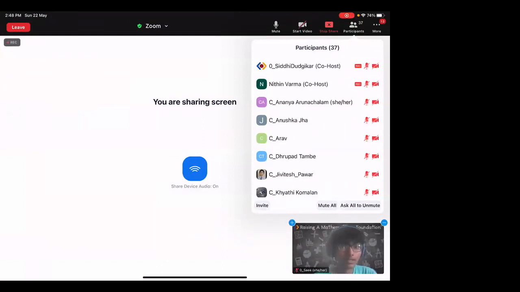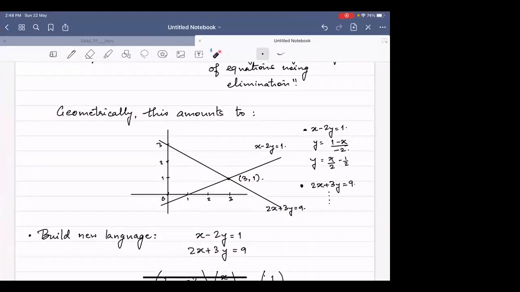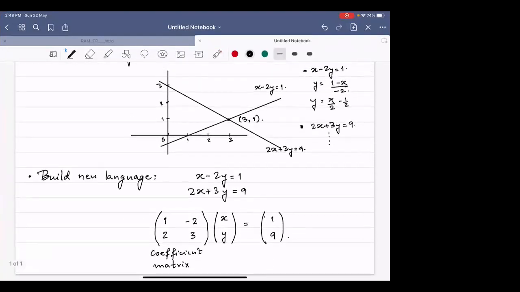So I will assume that you have heard about it. Thank you, Sai. If you just multiply this out, this is 1 times x minus 2 times y equal to 1. So the way you do it is you equate the first row of the left hand side with the first row of the right hand side.